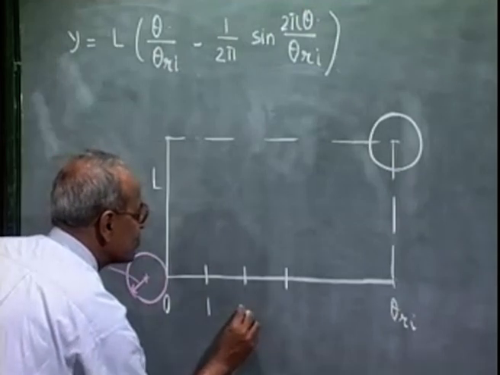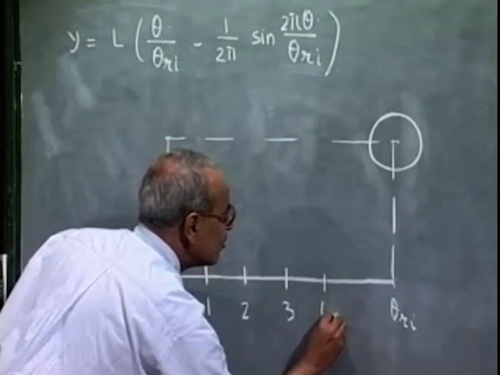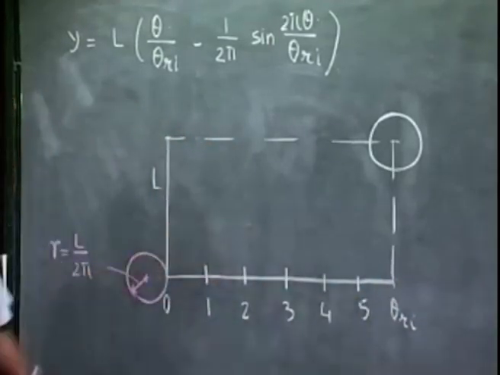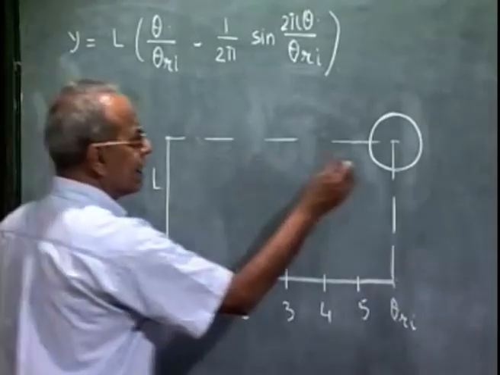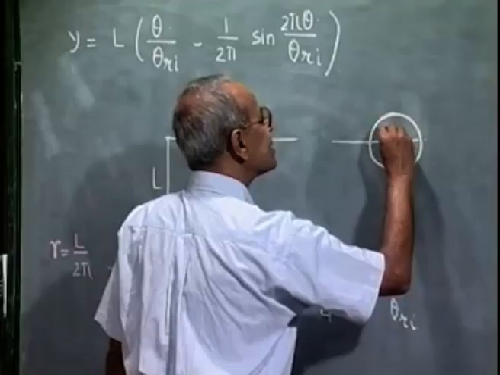And mark these station points 1, 2, 3, 4, 5 and 6. These are 6 equal divisions. This circle we also divide into 6 equal divisions.